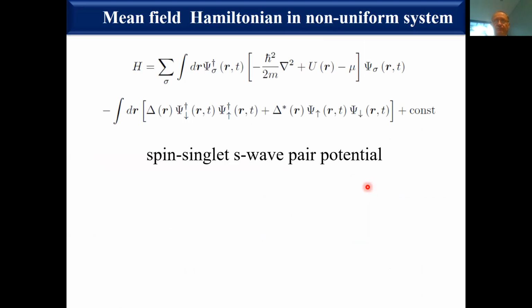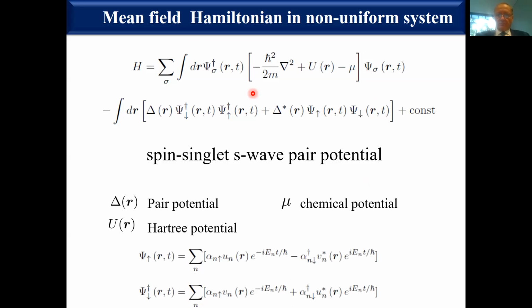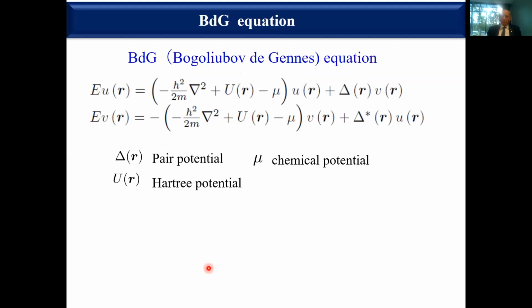So let's assume the superconductor is a spin singlet s-wave case. In that case, if we write the Hamiltonian in the second quantization form, it is given like that by using the field operator with spin index sigma. After some transformation, because this field operator can be expanded in terms of annihilation and creation operators, finally we get that u_n and v_n follow the so-called Bogoliubov-de Gennes equation.